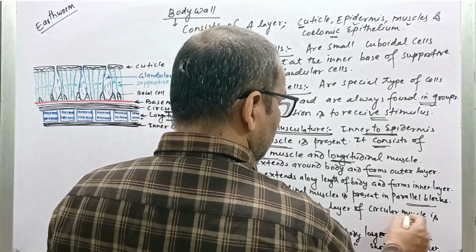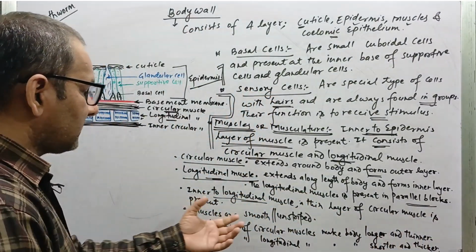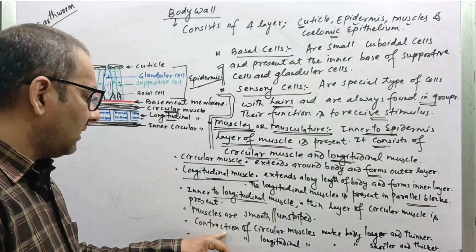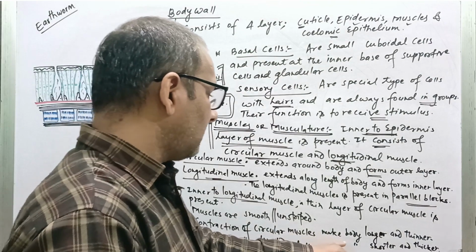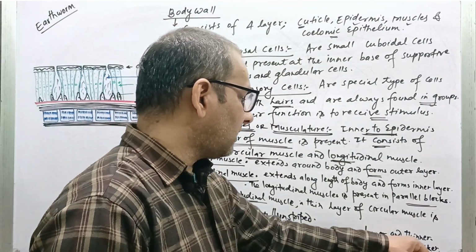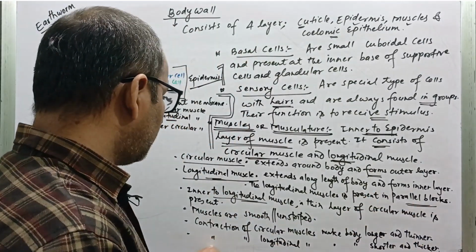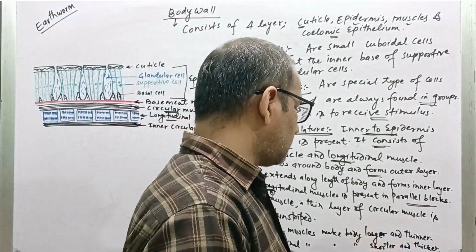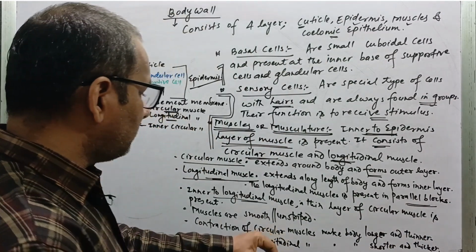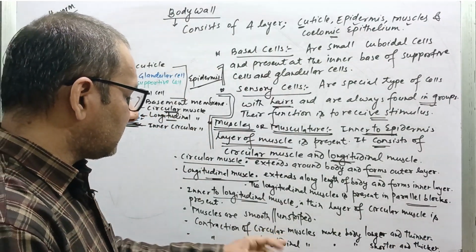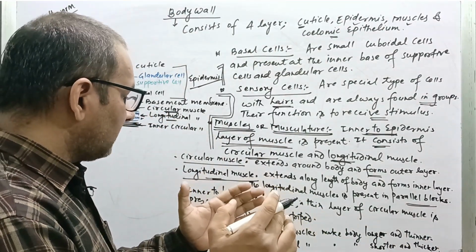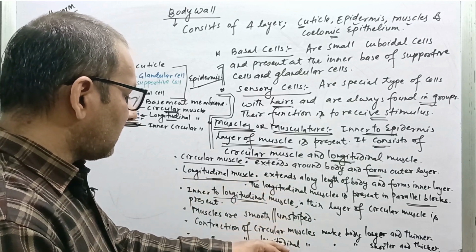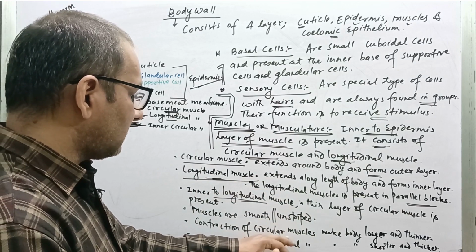Muscles are smooth, unstriped, or of involuntary nature, and the contraction of circular muscle makes the body longer and thinner, while the contraction of longitudinal muscle makes the body short and thick. The circular and longitudinal muscles are antagonistic.